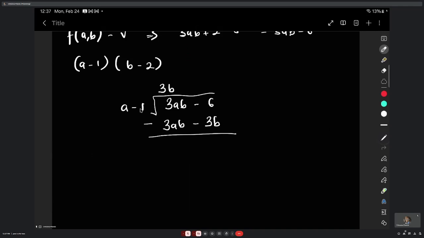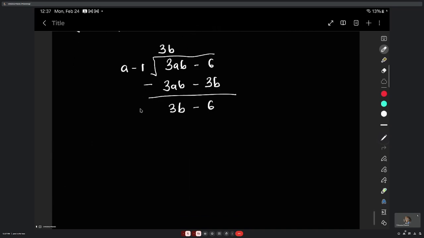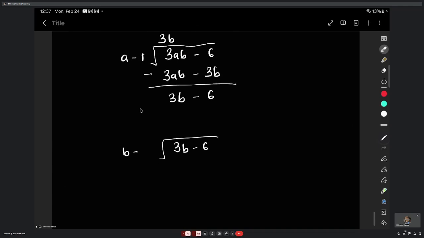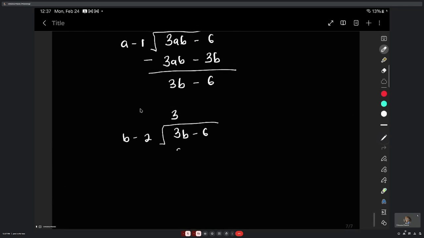When we subtract, we get 3b minus 6, right? With 3b minus 6, we divide by b minus 2. So that's 3 times b minus 2, which is 3b minus 6. And when we divide, we get zero. Let's expand that and check what we want to do.